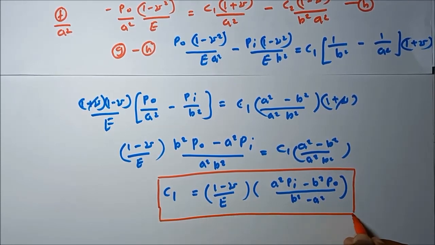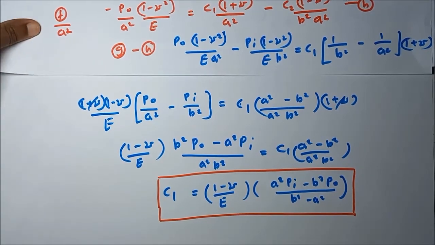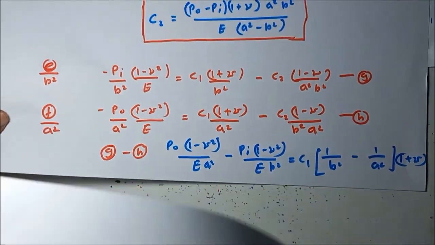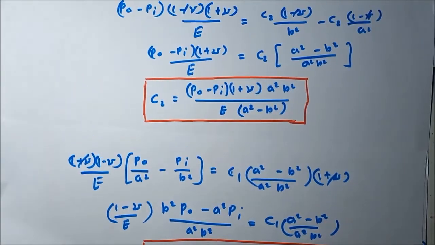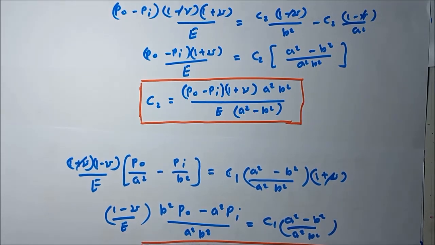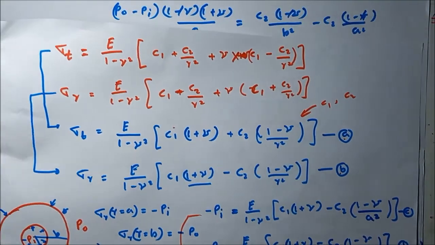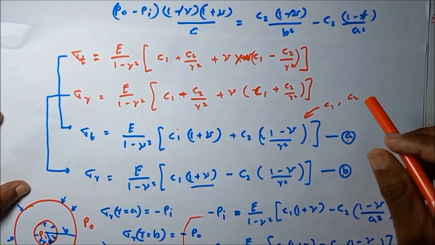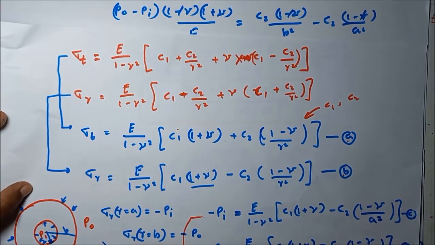This is c1, and these are the c1 and c2 constants. We are going to substitute them in equations a and b to find the expressions for sigma t and sigma r.